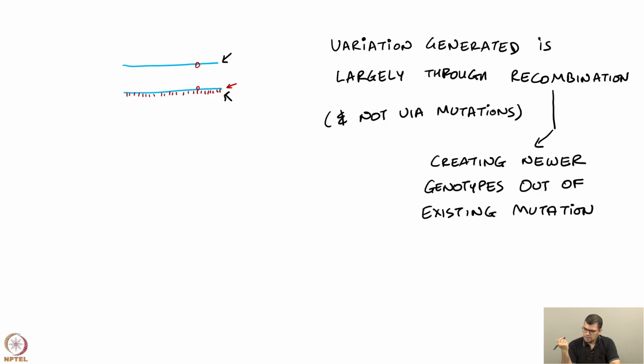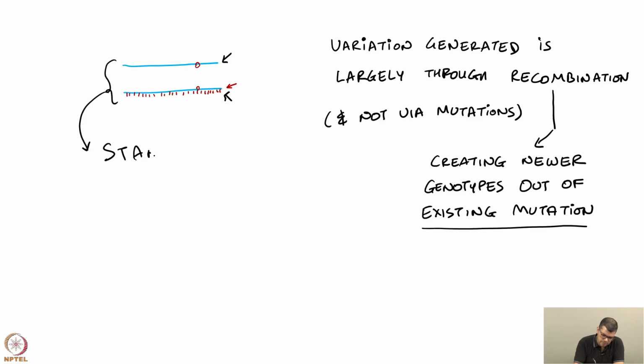This existing variation, existing mutation, and that leading to recombination and generating newer and newer variation, this existing variation in the population is called standing genetic variation.